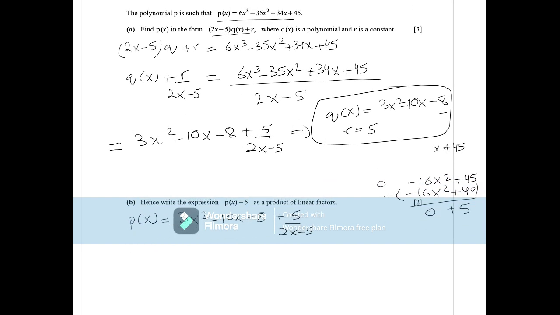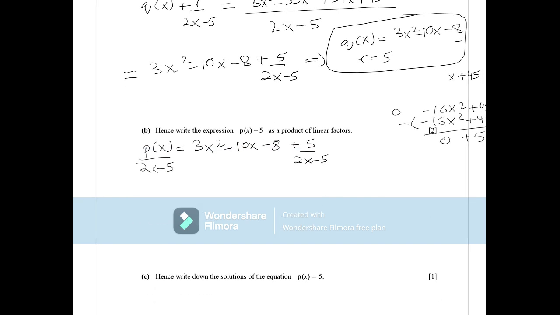Multiplying both sides by 2x minus 5 gives p of x equal to (3x squared minus 10x minus 8)(2x minus 5) plus 5. You can take 5 to the other side and you end up with p of x minus 5.